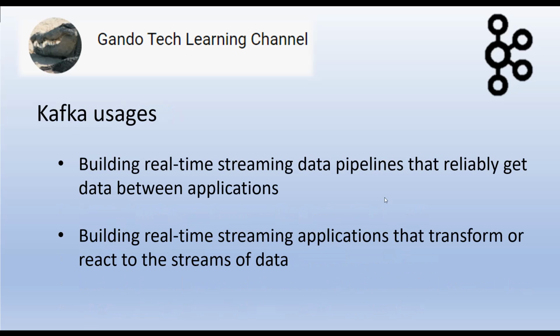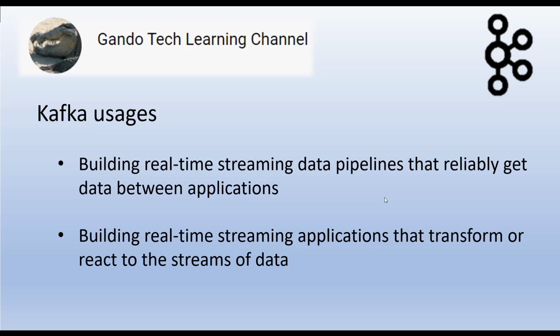So Kafka usages. As I said, the first is building real-time streaming data pipelines that reliably get the data between applications. And the second usage is applications that transform or react to the stream of data.